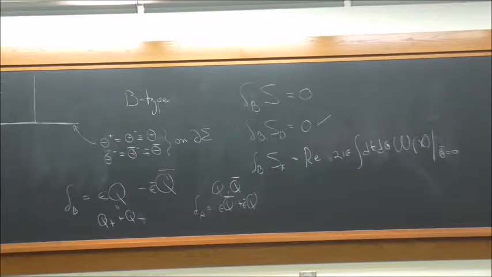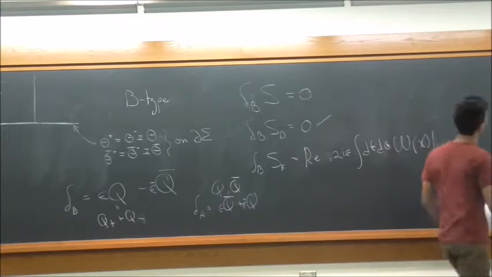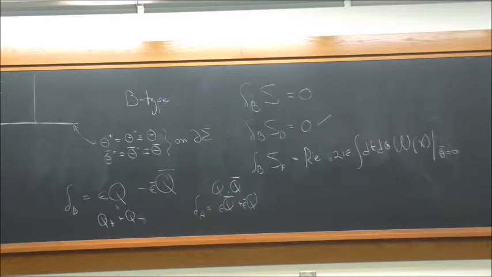As I said, we want to introduce new fields entirely that live in the boundary. These will be the pi i's and pi i bars, which we introduce on the sigma.